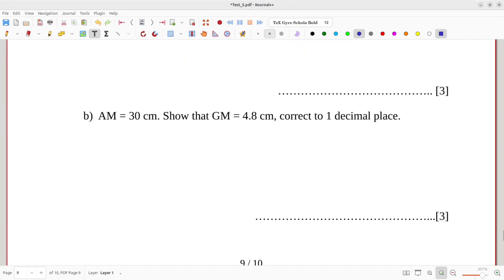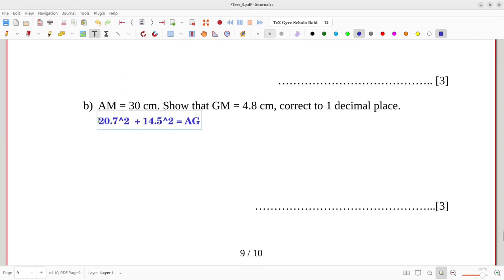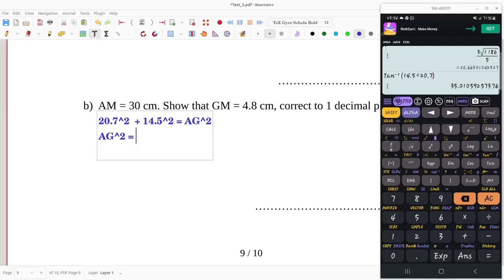Now let's take this down here. AG squared. Then our AG squared is going to be equal to, let's bring in our calculator here. So it's 20.7, let's use this one as is.